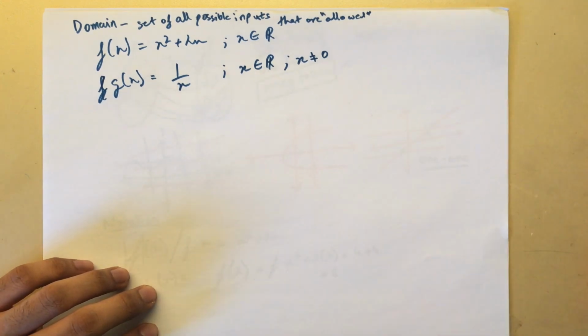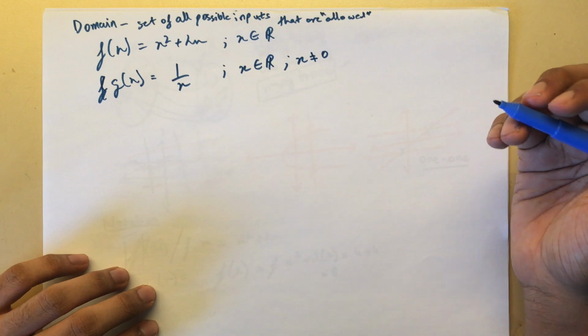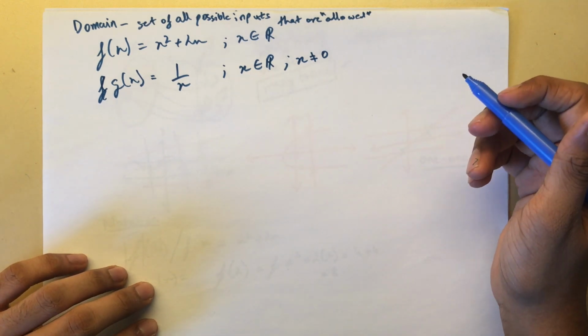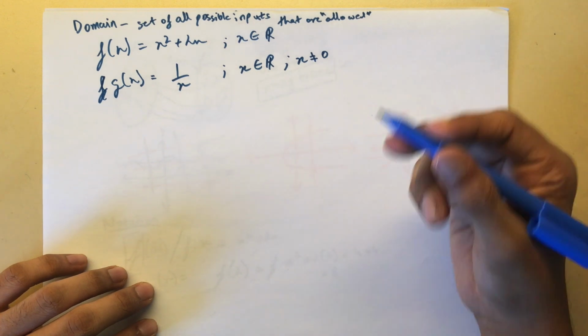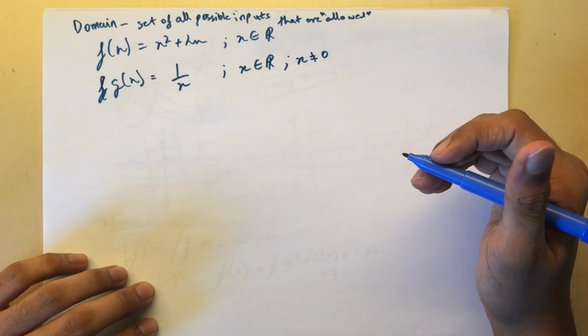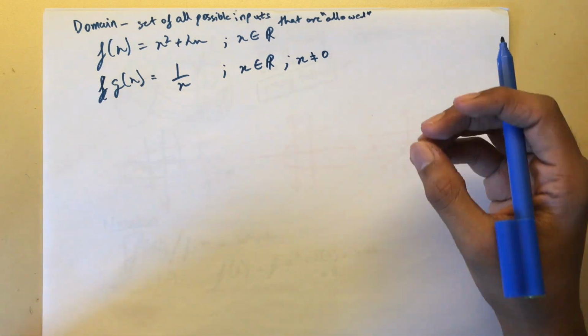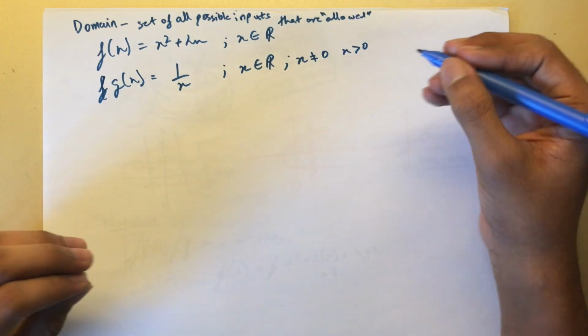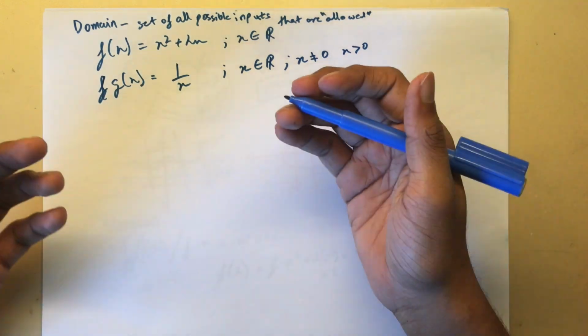Right. Whenever we're given any question in the IB, we would have to assume that we are allowed to put in the real number line and then look at what values wouldn't exist, unless in the exam it has been specified that x can be, let's say, only greater than 0, in which case it would be all the values greater than 0.